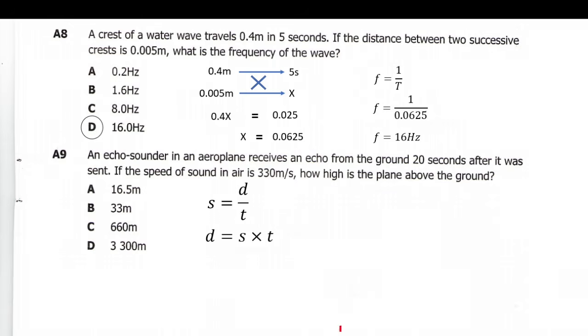So we divide this by 2 to get 10. So we'll multiply: distance is equal to speed, which is the 330 here, times time, which is 10, so that we'll get our distance as 3,300 meters, which makes our answer D.